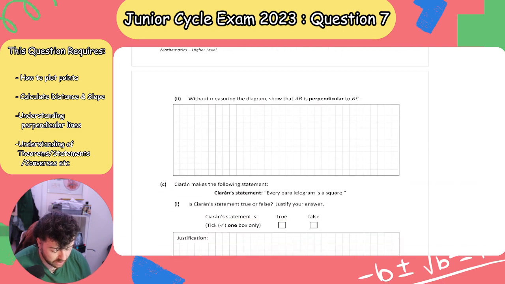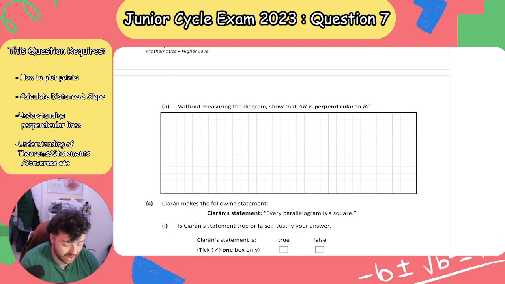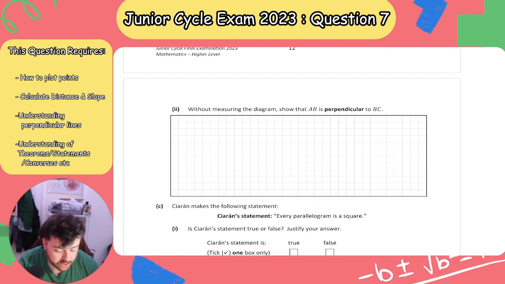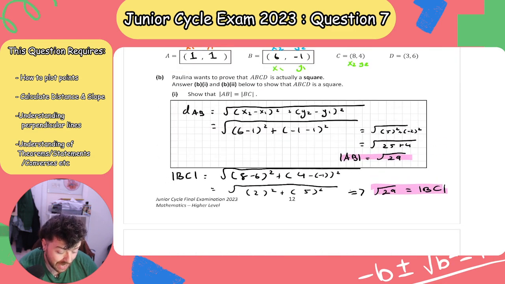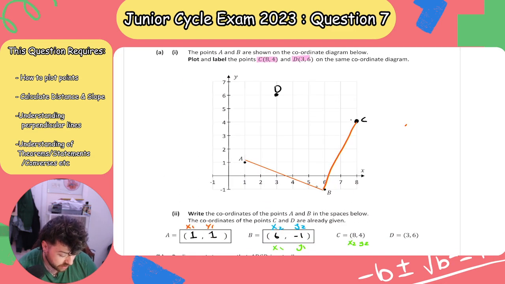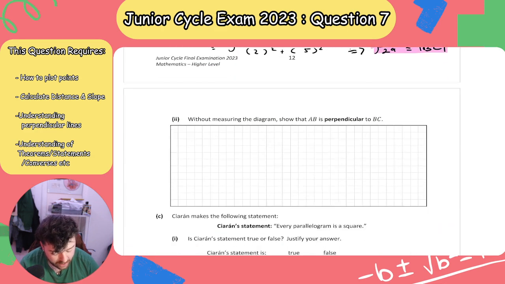Right, next part here. Without measuring the diagram, show that AB is perpendicular to BC. Remember, perpendicular means they meet at a 90-degree angle. So I want to prove that's a right angle there. We're best off calculating the slope of the line AB, and then calculating the slope of BC, and then seeing if they are negative reciprocals of each other, or when they multiply together I get -1. That's how we prove two lines are perpendicular.